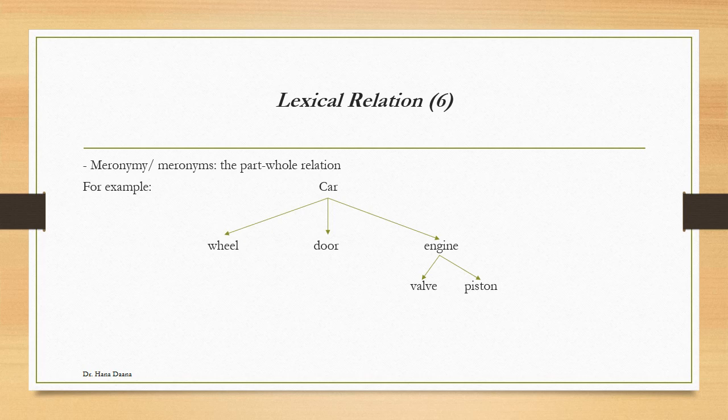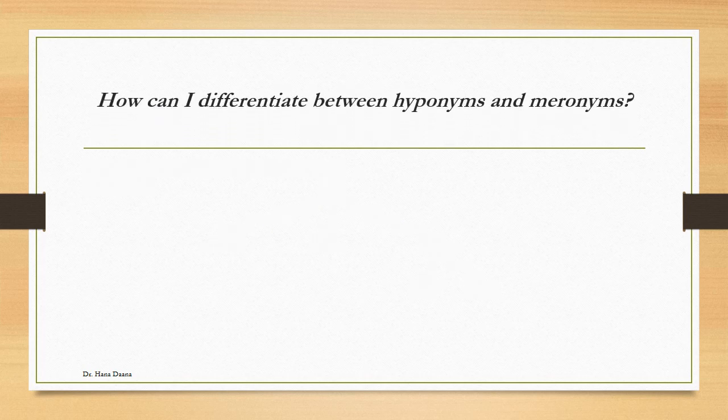Now, I'm sure that you're asking yourselves the following question. How can I differentiate between hyponyms and meronyms? Well, within the hyponymy relationship, we can define the hyponym as a type of a more general kind called superordinate.